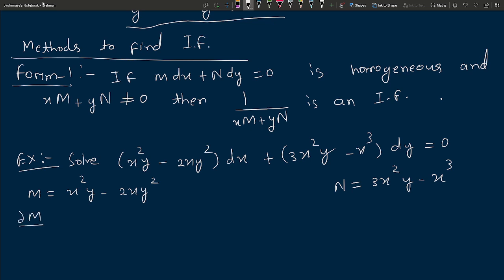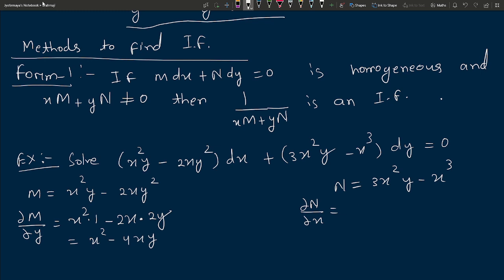Now first take del M by del y, the partial derivative with respect to y. So x square is a constant, the derivative of y is 1. Minus 2x is a constant, the derivative of y square is 2y. So you have x square minus 4xy. Similarly, del N by del x is the partial derivative with respect to x.